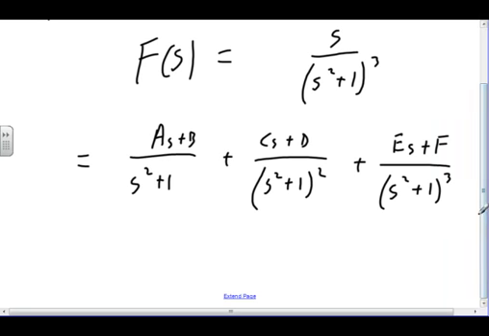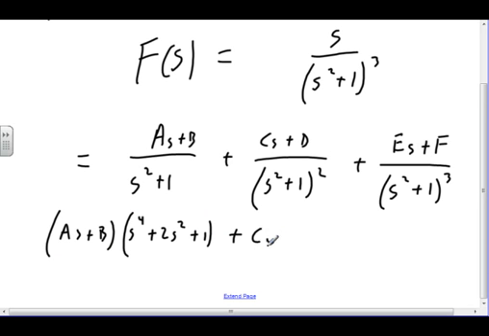Okay, well, that means I got As plus B times s squared plus 1 squared, plus Cs plus D times s squared plus 1, plus Es plus F has to equal s.